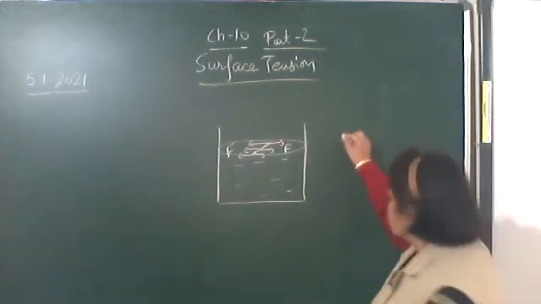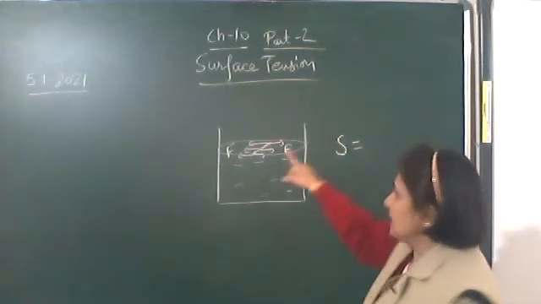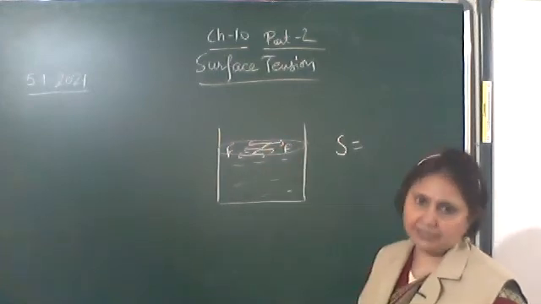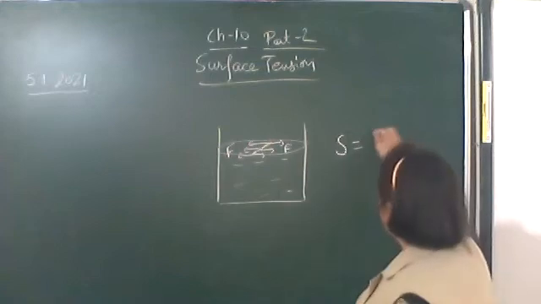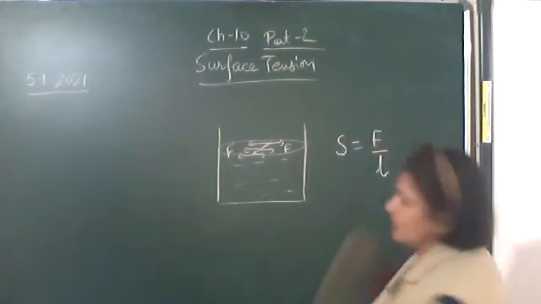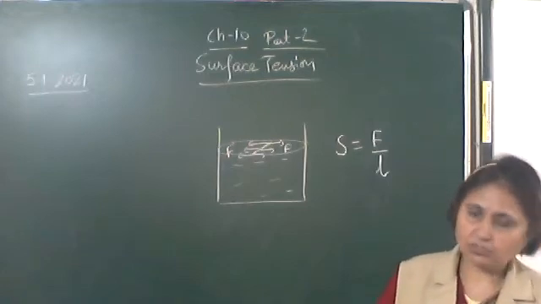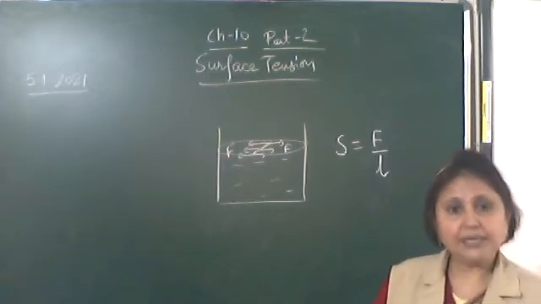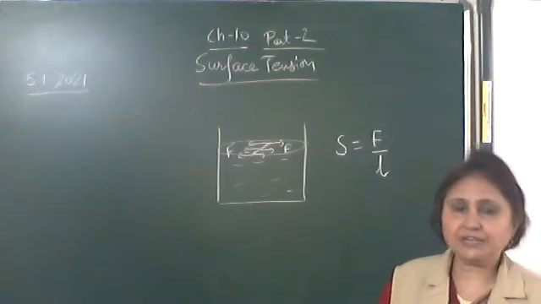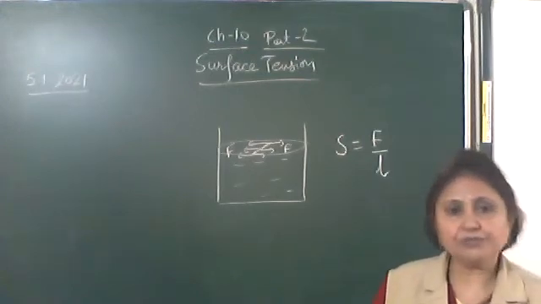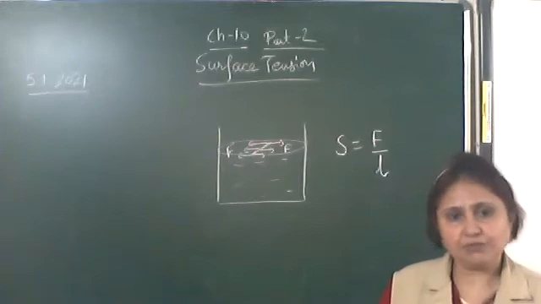So surface tension is defined as this force per unit length of the imaginary line. If we consider any imaginary line on the free surface of the liquid, it appears as if the line is being pulled from both the sides by equal forces.